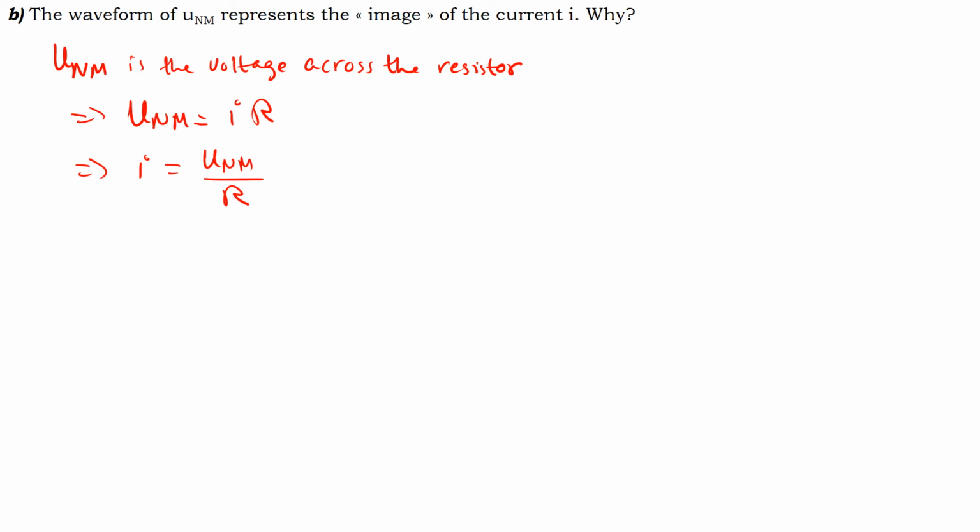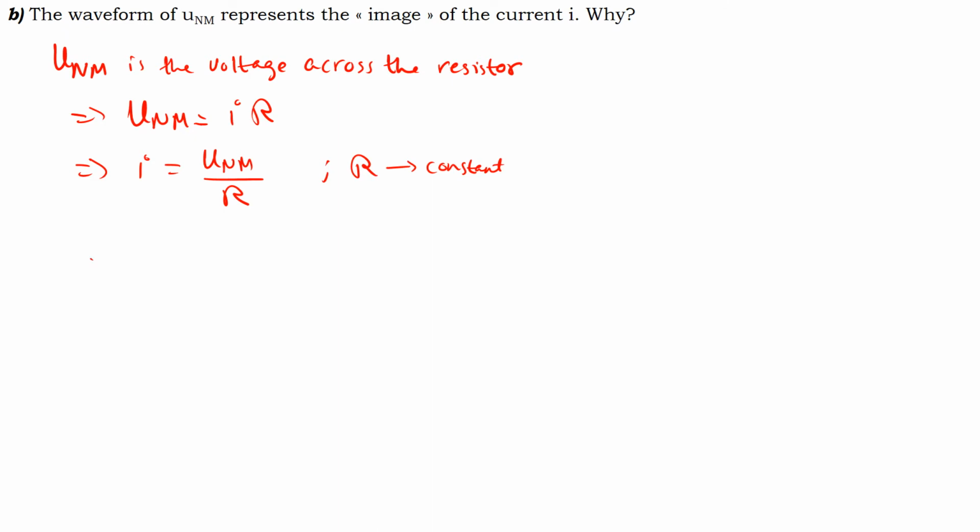R is the resistance, which is a constant value according to Ohm's law. So R is constant, which means that I will be varying with UNM. If R is constant, then if UNM changes, I will change with it.